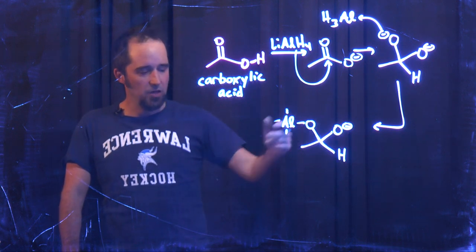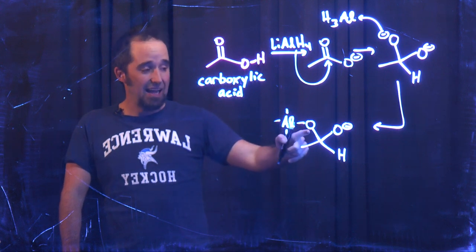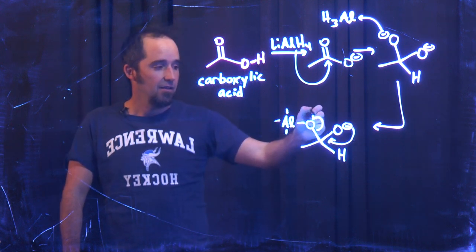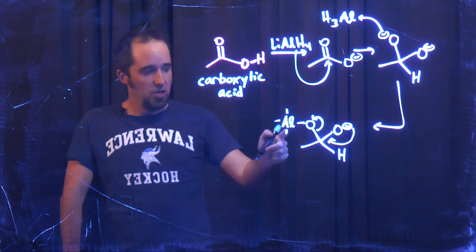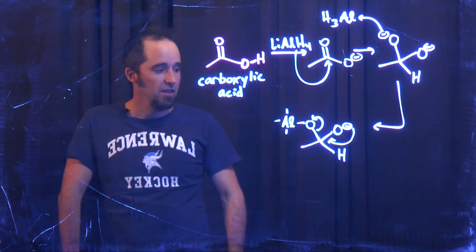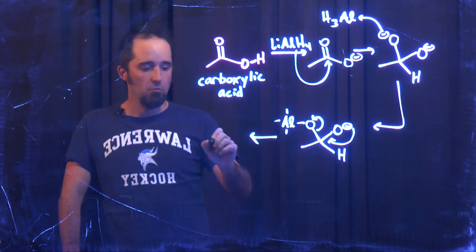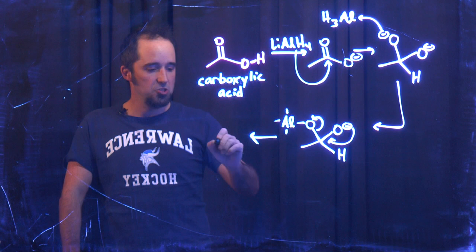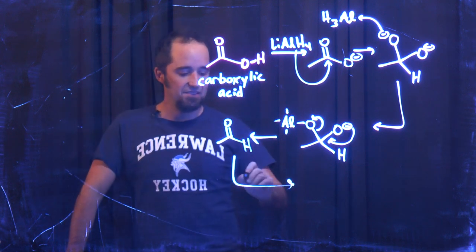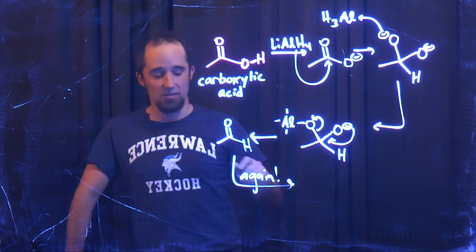Maybe I've got aluminum on both of those oxygens. But once I have this, now I could actually have this leave just like that. The aluminum is electropositive enough to help carry some of that charge away. And so this, it's a little bit weird to draw the arrows for, but this is how this gets reduced down to an aldehyde, which is obviously way more reactive than the carboxylic acid.